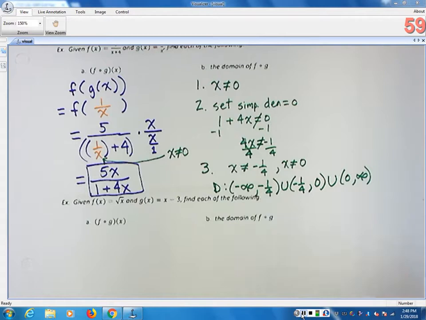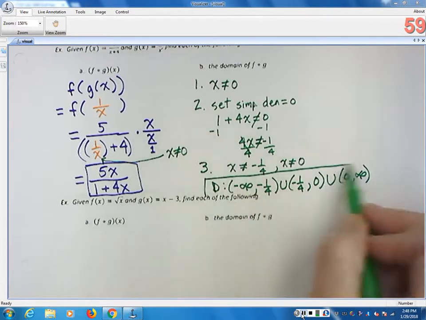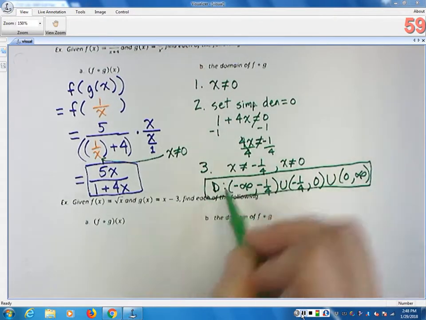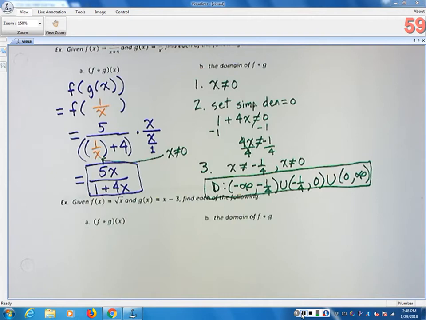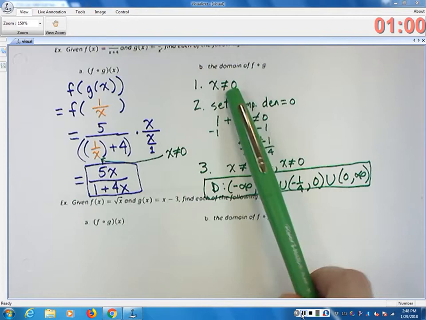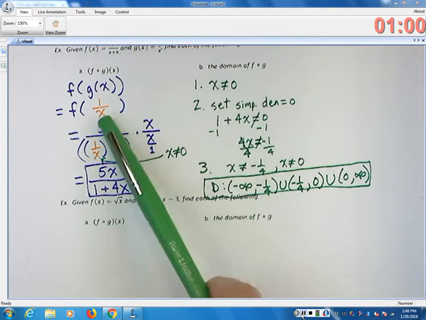And that's the domain. In the filled-in notes, I followed the 4 steps, and it took a lot more space and it was more complicated. So I think this simplifies it. But you do have to make sure you look at the unsimplified function.